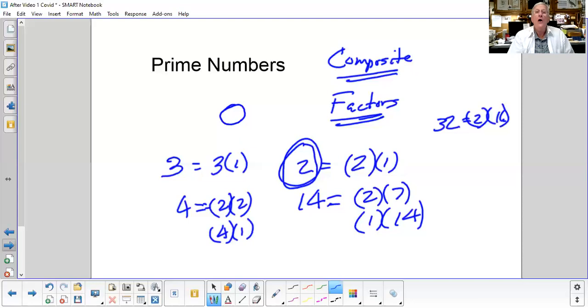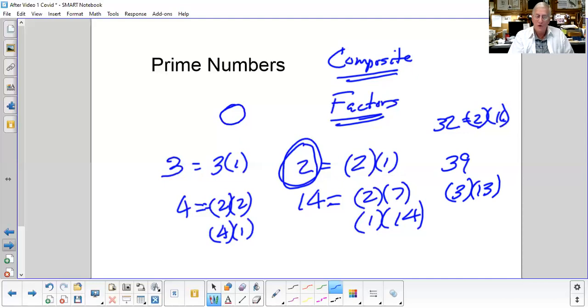And all the rest of the numbers that are prime have to be odd natural numbers. However, there are odd natural numbers or counting numbers that are composite. For example, think of 39. 39 is 3 times 13, right? It has factors other than itself or 1, 3 and 13, for example.